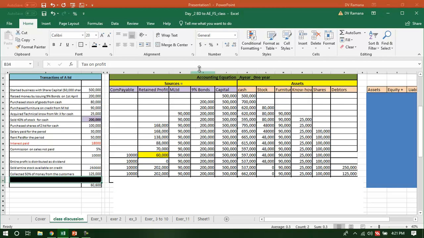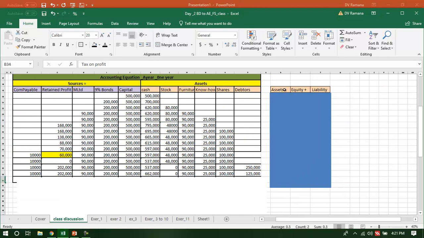So if you want to summarize this equation, the summary of the equation is asset is equal to equity plus liability. This shows the total, and the details of assets, details of equity, details of liability. So let us see what equity means. Equity is capital plus profit. This is the shareholders' money.